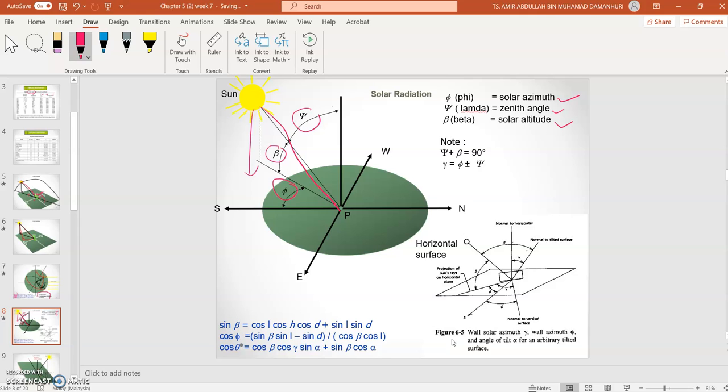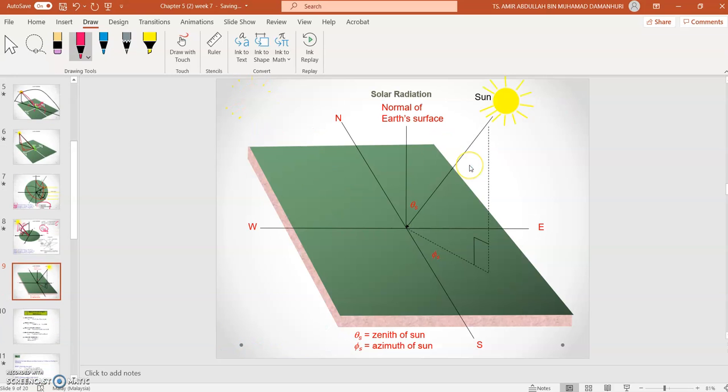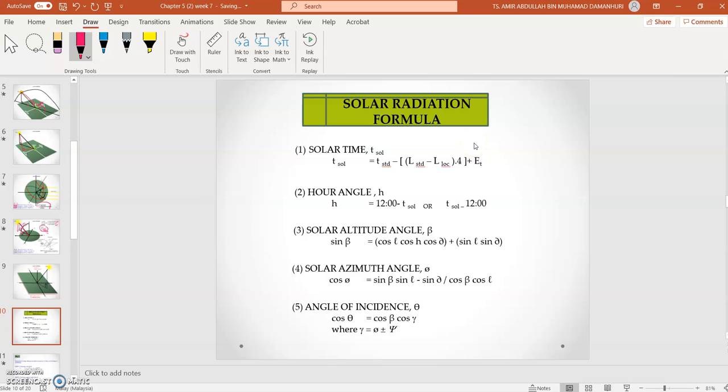So this is what you are going to focus on, and then you have, for example, lambda plus beta equal to 90 degrees, and the gamma here equal to phi plus or minus the lambda. We'll see how we determine whether it is plus or minus here. So in the example that I will give you, it will be clearly stated how we are going to add or subtract in the formula.